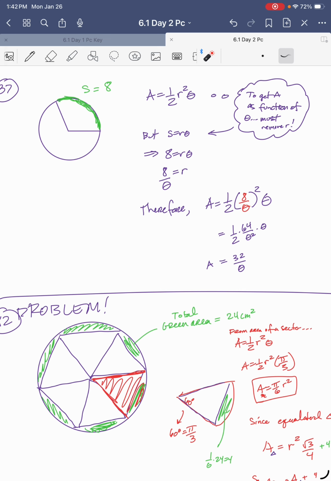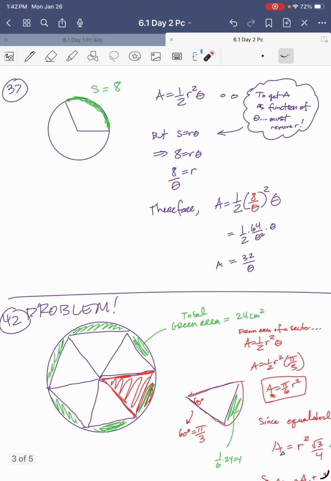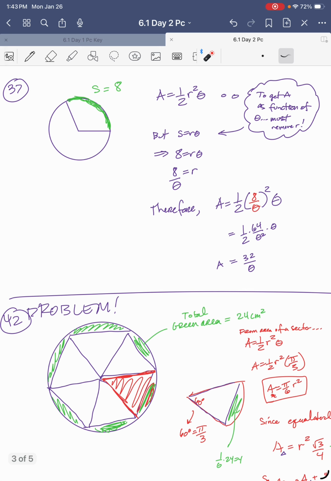All right. Let's see what we've got here. To get A as a function of theta, I must remove r. It says what you've got is this s, the arc length, which is 8. And it says, can you please write the area as a function of only theta?